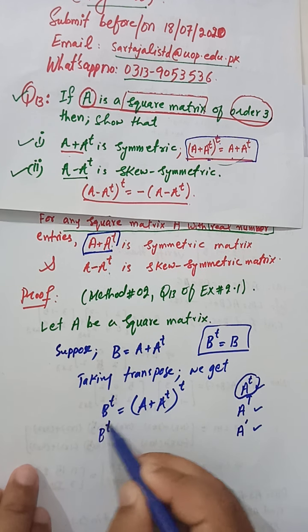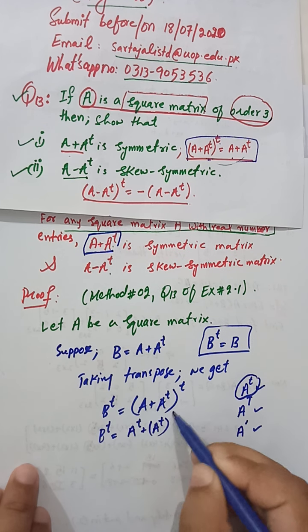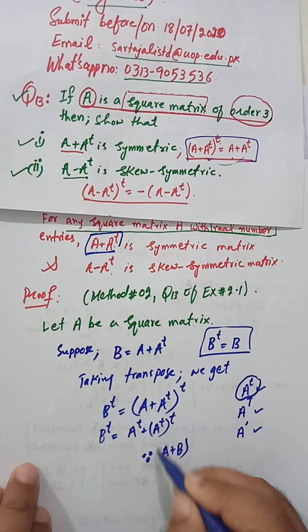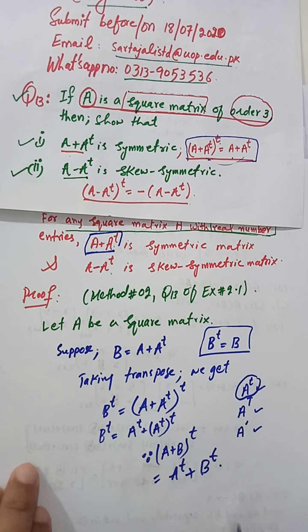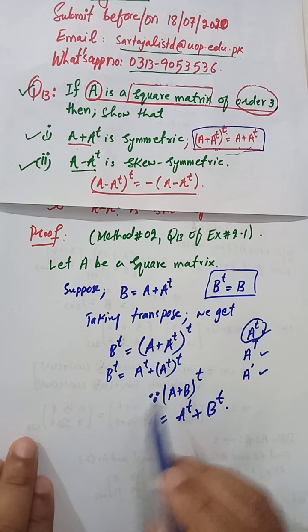So this B transpose is equal to A transpose plus A transpose whole transpose. Remember, we know that A plus B whole transpose is equal to A transpose plus B transpose. So when I use this, this statement can be converted into this.